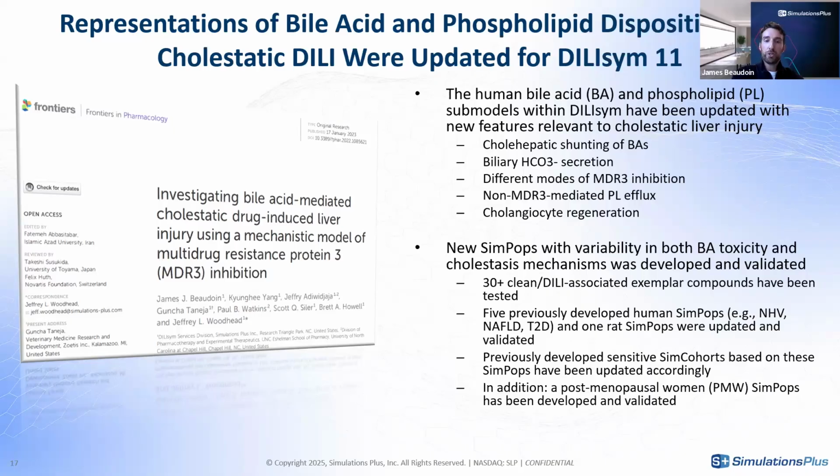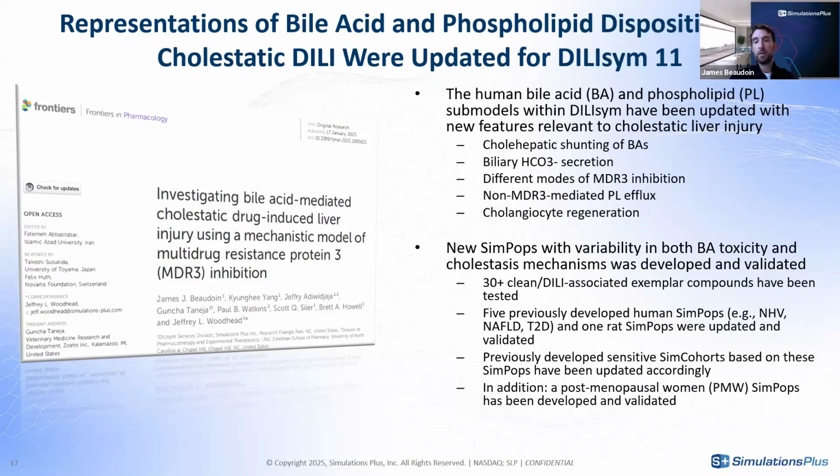Part of this work also included a recalibration of our overall bile acid model. Since we are now exploring in more detail how bile acids move into the bile duct, the overall systemic disposition of bile acids had to be reevaluated as well, which means the baseline structural representation for bile acid disposition had to be reevaluated, but also in terms of the previously available SimPops.